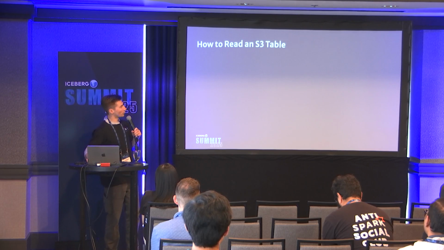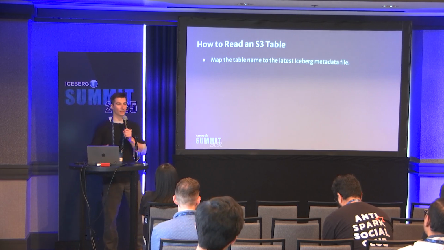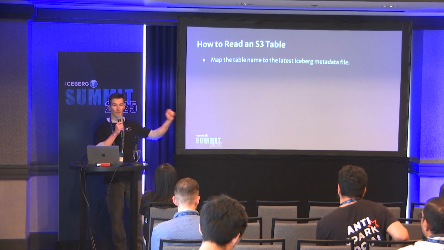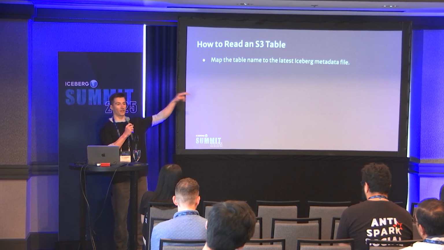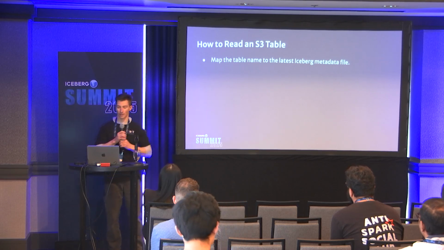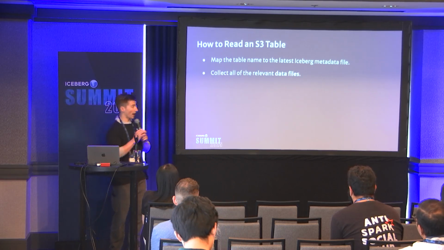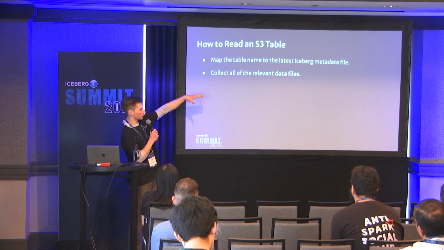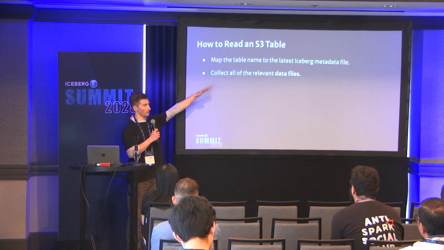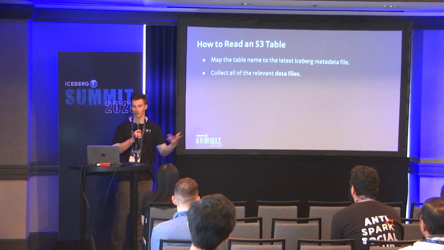So how do we read an S3 table? Well, the first thing we need to do is map that table name to the latest Iceberg metadata file. We need to go through the service and figure out where that actual file is so we can get it, and then that'll give us all of our keys. Once we have that, we have the keys to the manifest list and manifest, and we can go down and start getting our data files.